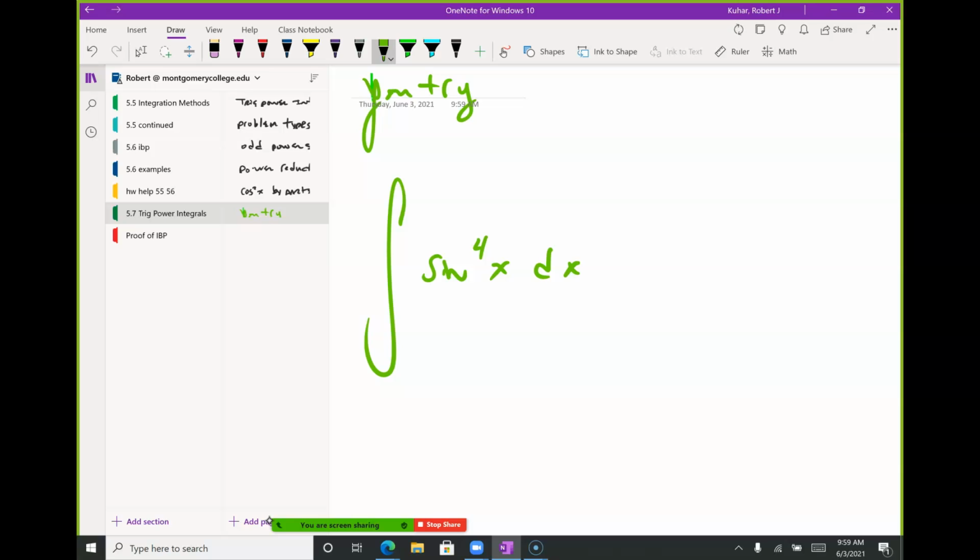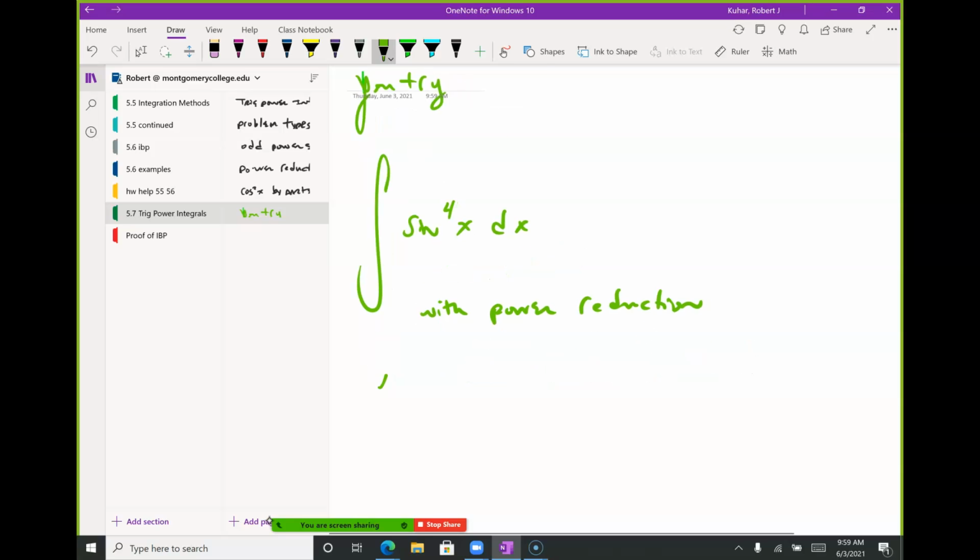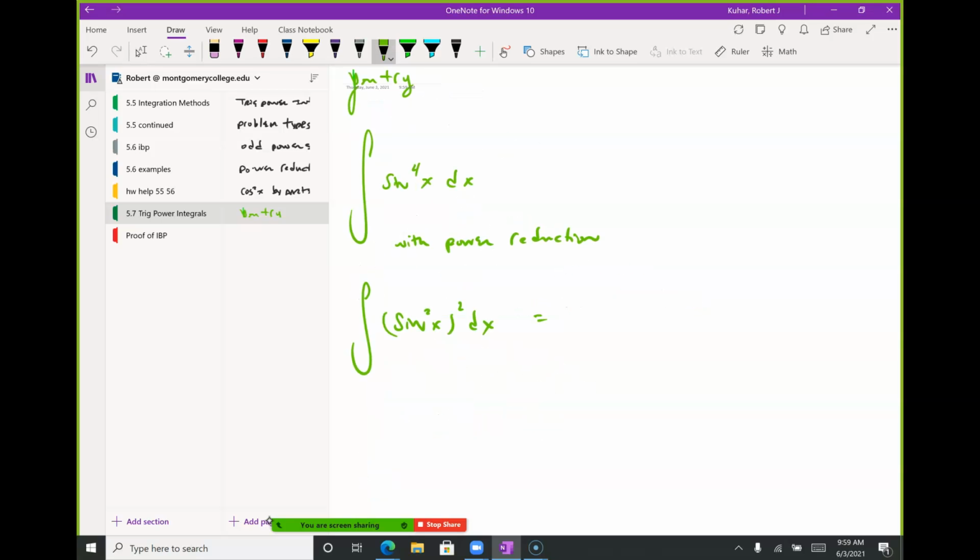It should be in the book or in the Schaum's that I give you, but you try that over the weekend, okay? And the first step, of course, is to write it as a sine squared, all squared. And the power reduction is going in there.